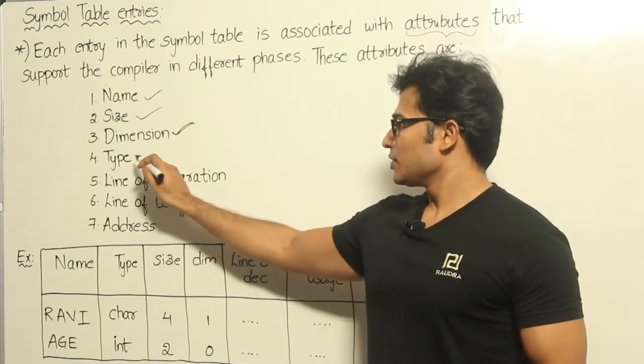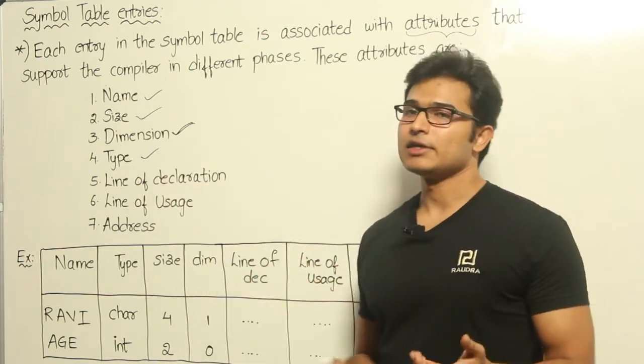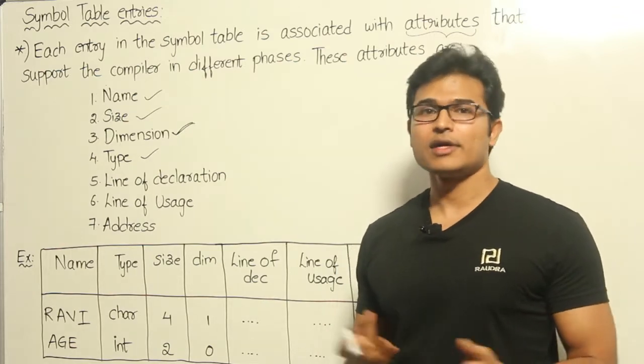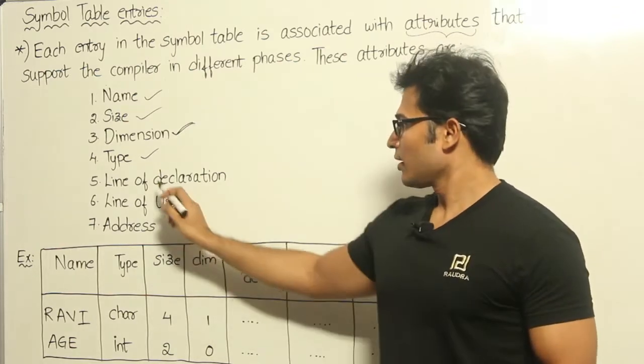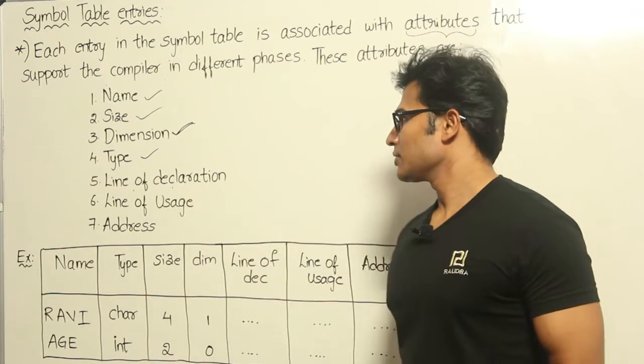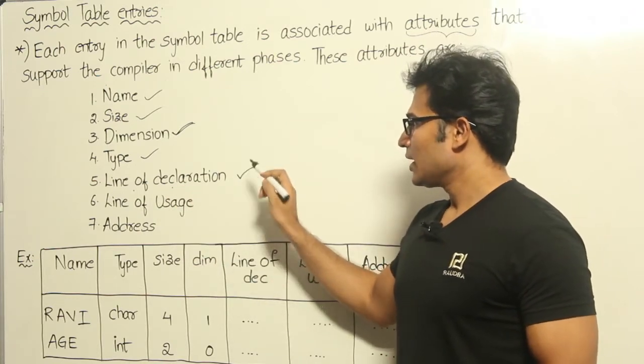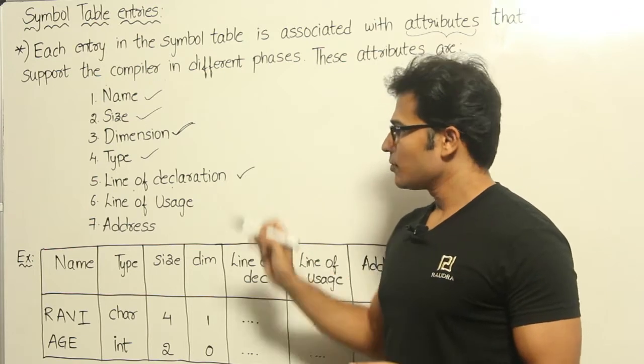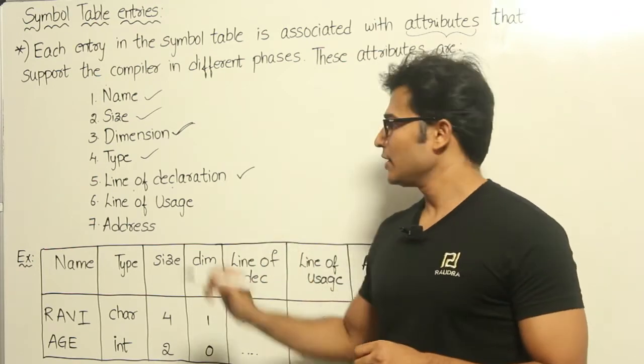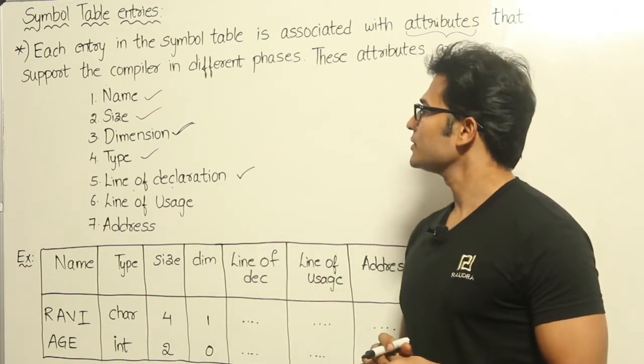And then the type. As you know, it can be integer or character or any type like boolean. The next one is line of declaration. This is going to give you the line number at which that particular variable is declared. Why is the line of declaration important?